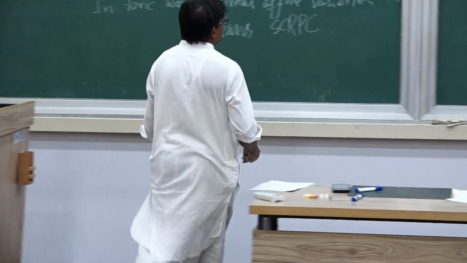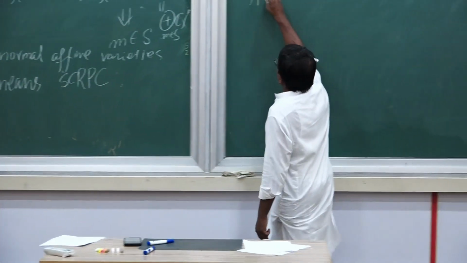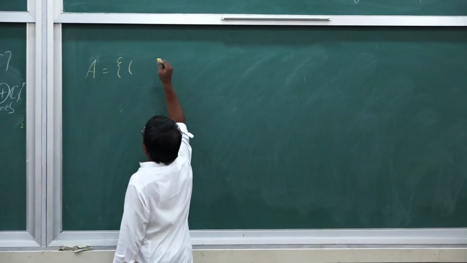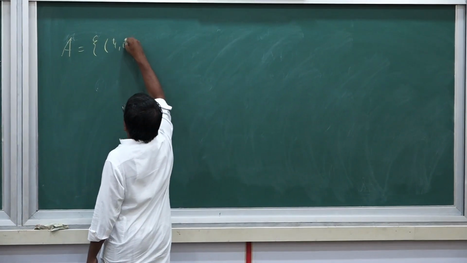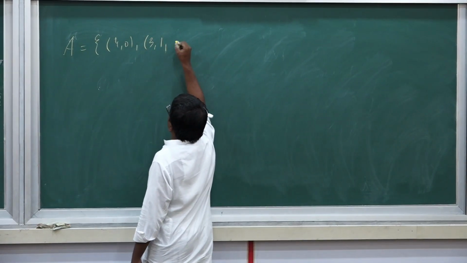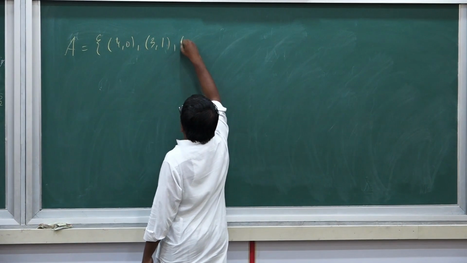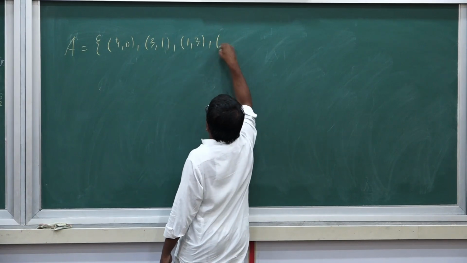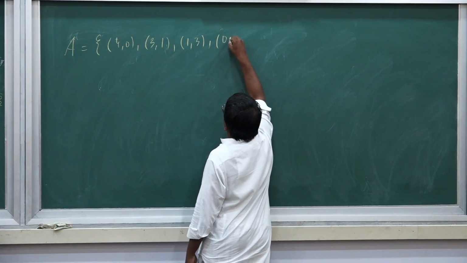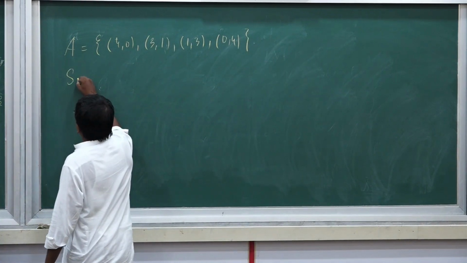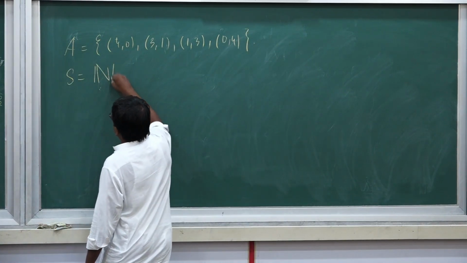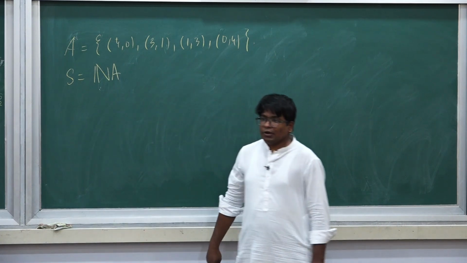Okay. So, for example, in this case, when I was saying take A as (4,0), (3,1), (1,3) and (0,4), okay, then the semigroup S which I can create from this is NA, in our language.